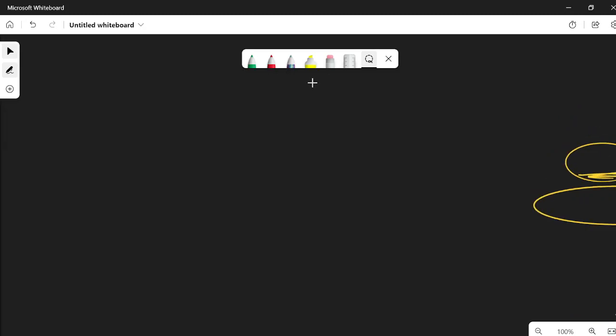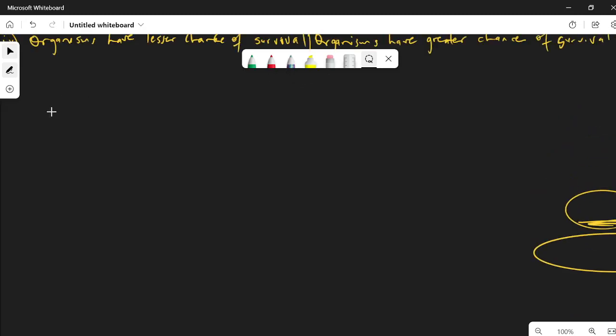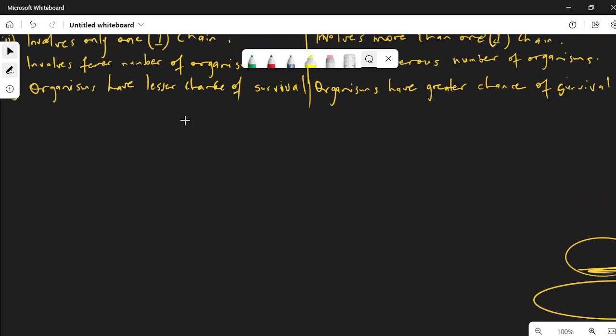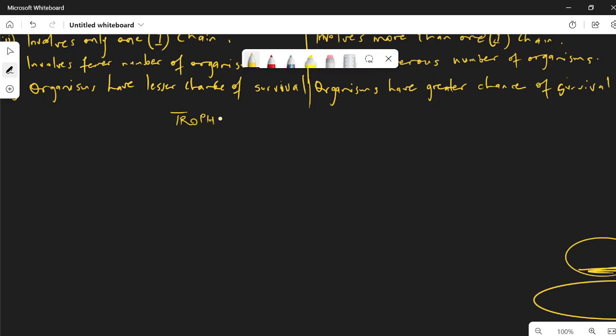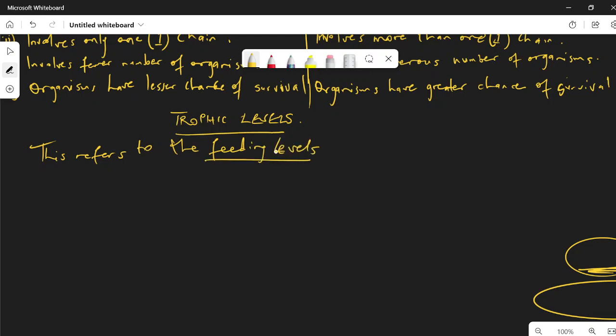So what do we mean by trophic level? I'll be fast with this. Trophic levels refers to feeding levels, the number of levels that we have for a particular chart.